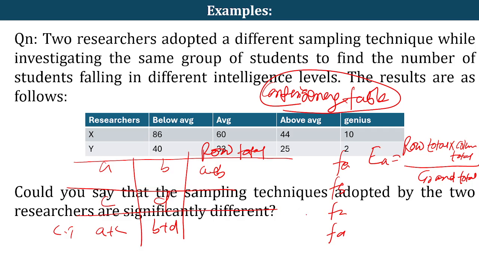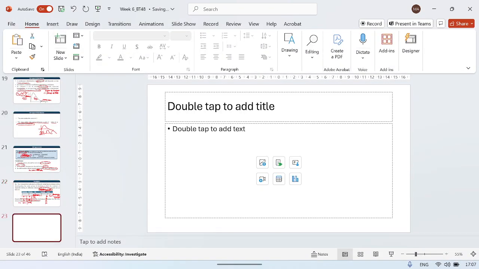I will take one page and explain clearly. Okay, so let's say we have the observed frequency, then we have the expected frequency: FA, B, C, D. So expected of A is going to be like that expected.